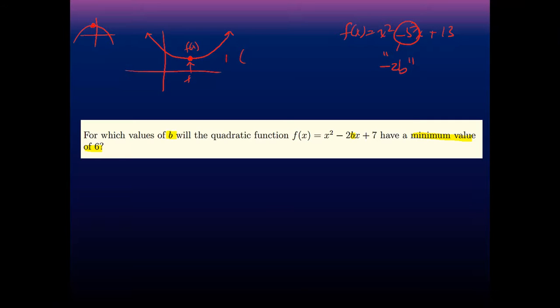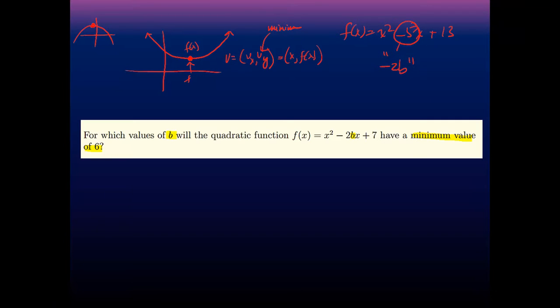In other words, if the vertex is vx and vy, the y here is the minimum value, vy. That's the definition of a minimum value. If you don't know that, you're going to have a hard time solving this problem. So for which value of b will we have a minimum value of 6?